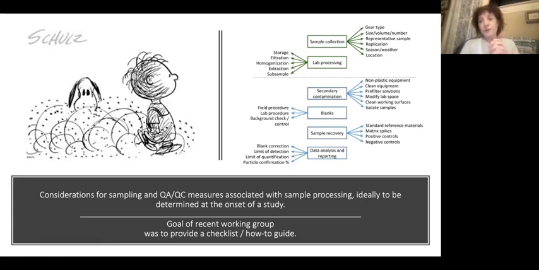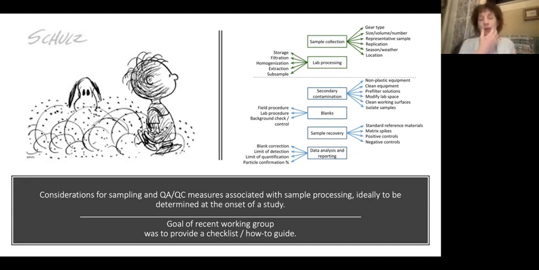For sample recovery, and this is a little bit less common still, there is discussion and efforts being made to generate standard reference materials, just like you have for other classes of pollutants like perfluorinated chemicals, for example, or pesticides. People are starting to think about doing matrix spikes.